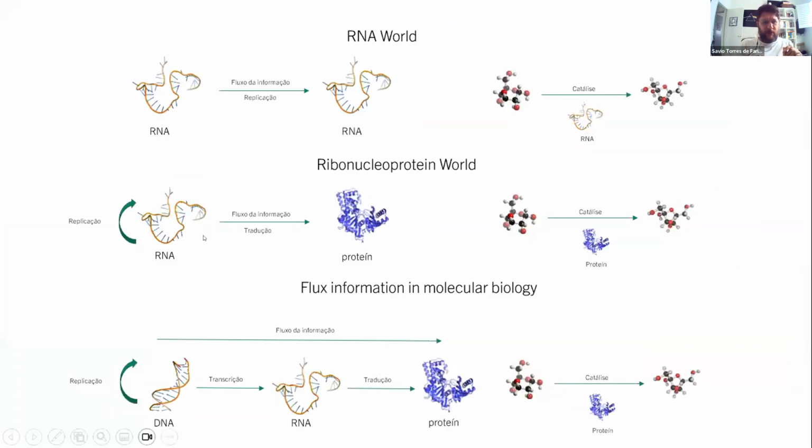Close to this RNA polymerase, we can find the reverse transcriptase, and more derived, we can find DNA polymerases. So it's very interesting because you can identify in this picture the same process that we can identify in this other picture.